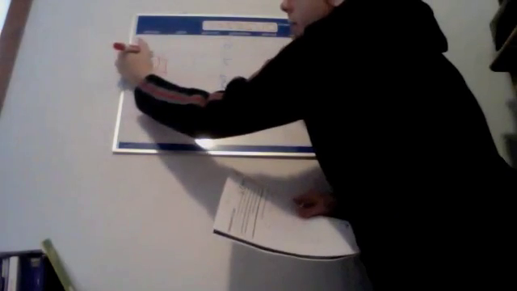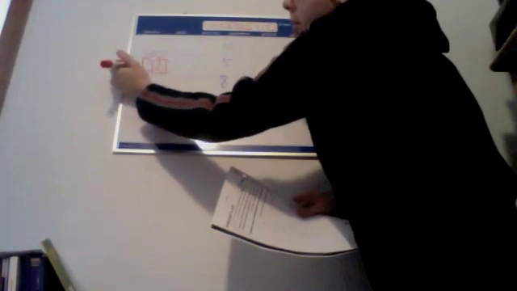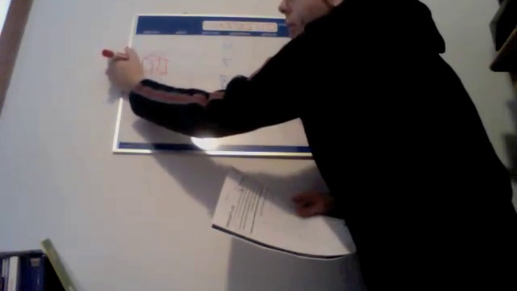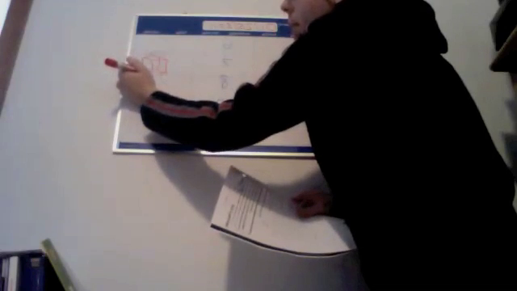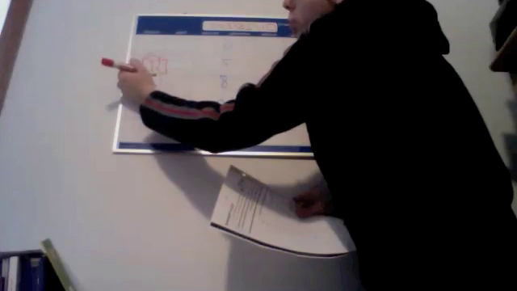Let's say we have a cube that's 1 meter high by 1 meter wide and let's say by 1 meter deep. All right. So we have 1 meter, 1 meter, and 1 meter.